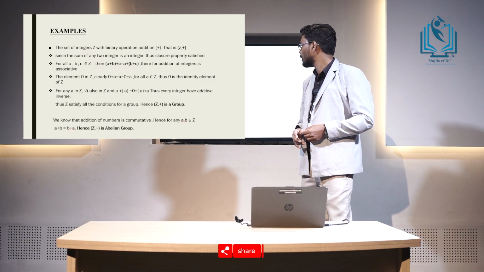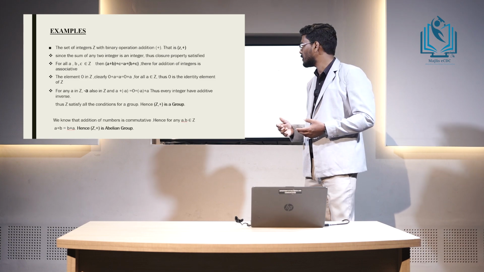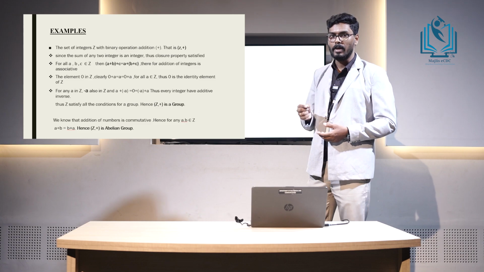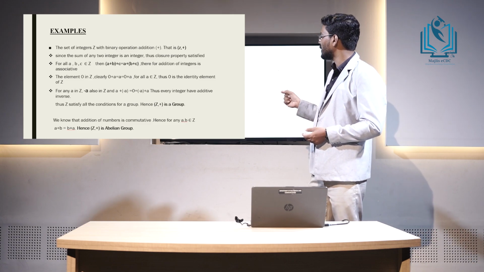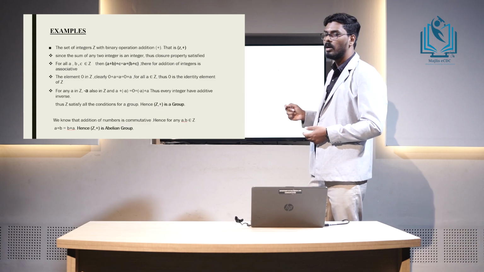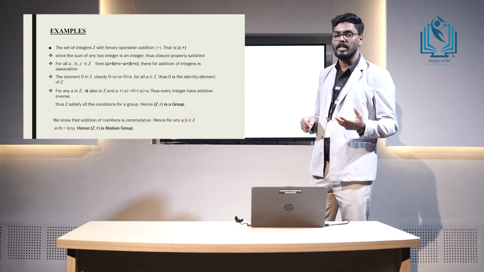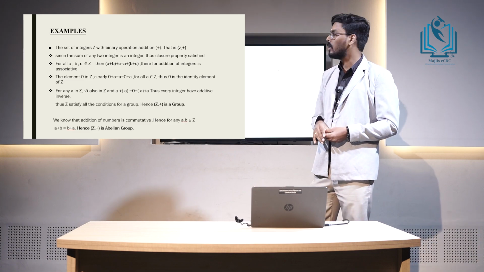Next one is existence of identity. We are checking whether there is an identity element or not. We know that the element 0 is an integer, and 0 plus any element, for example A belonging to the set, gives A itself, the same for A plus 0 as well.